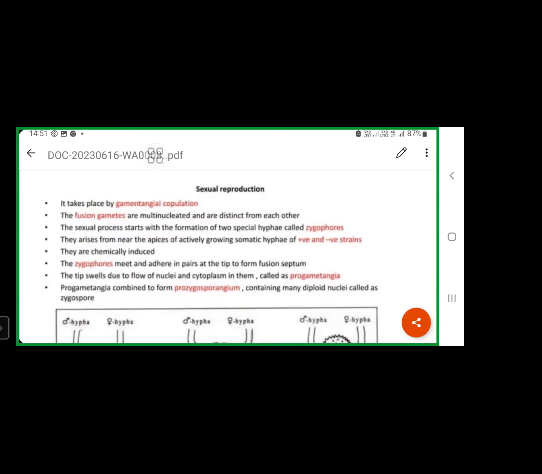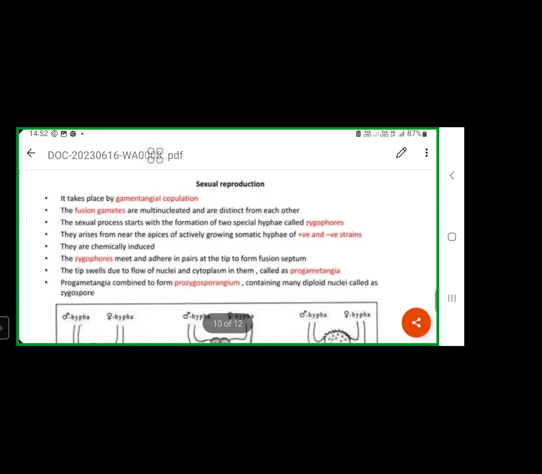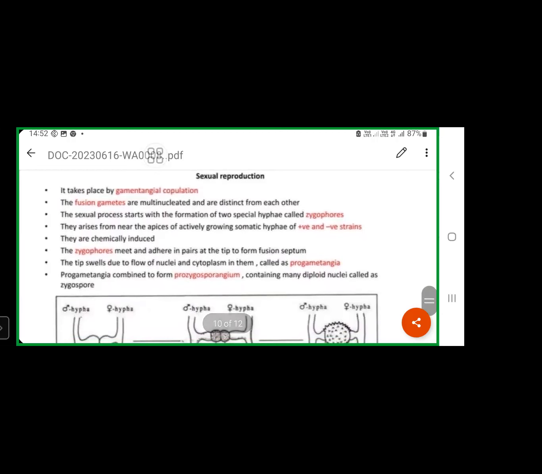What is this gametangial copulation? We will discuss now. In unfavorable conditions, it reproduces by this method.